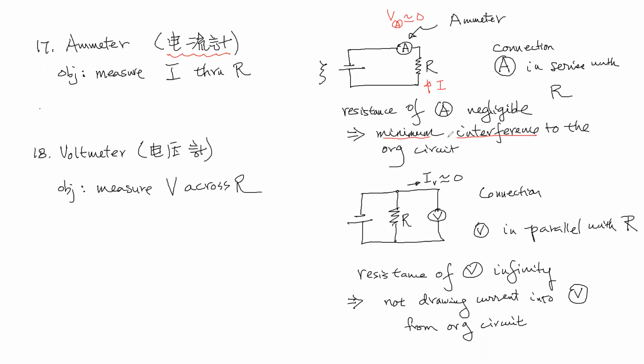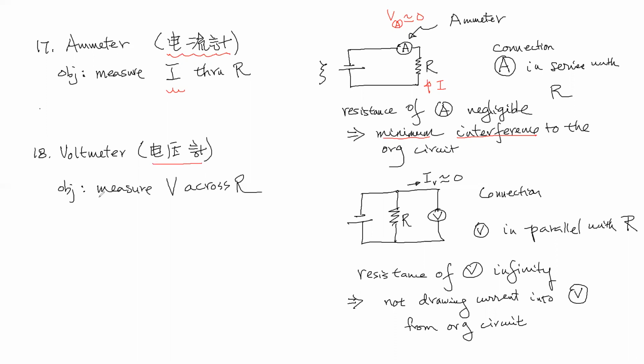That's important because when you measure the I through the R, you don't want to interfere with the original circuit, so that you can measure this value I more accurately, right?